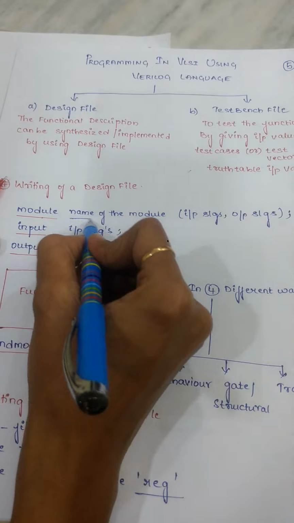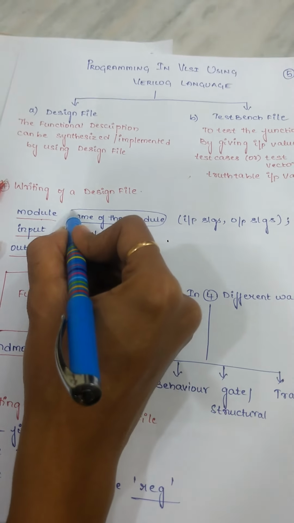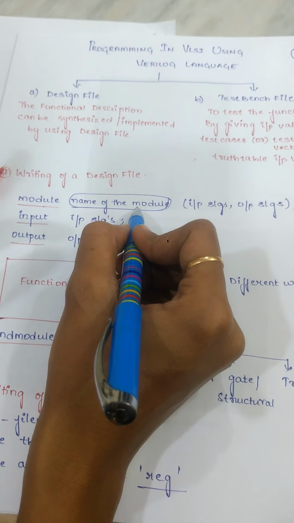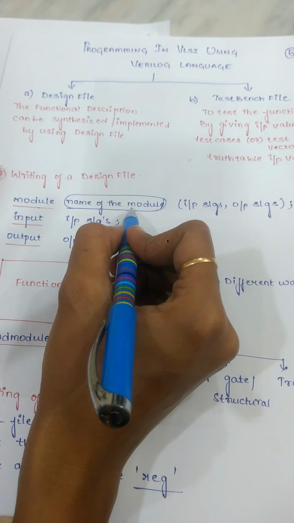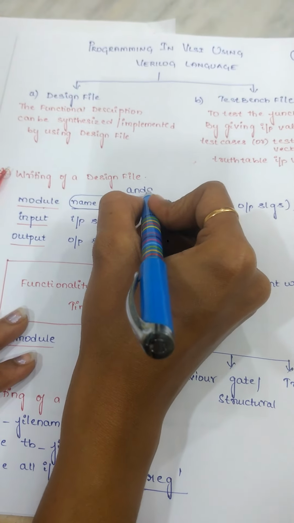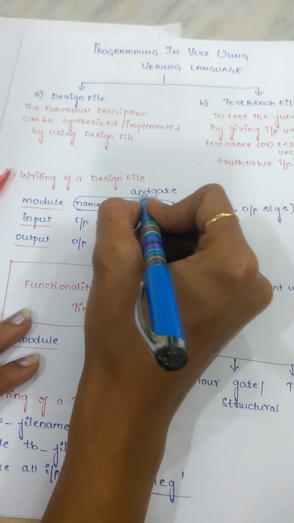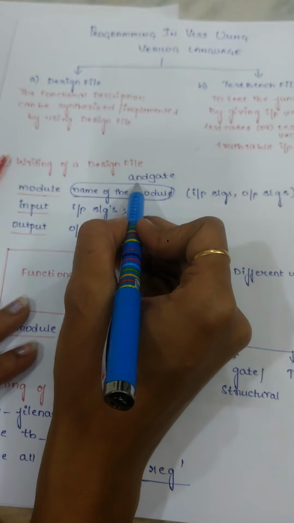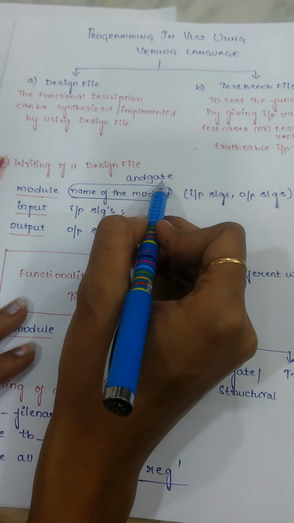Now the next one is the name of the module. It is user defined. Here you can write your own name, whatever is required. Suppose I want to design an AND gate, I will write AND gate, because I can't mention only AND, since it is a keyword, right? So I can't mention only AND, so I will give an extension, and gate.